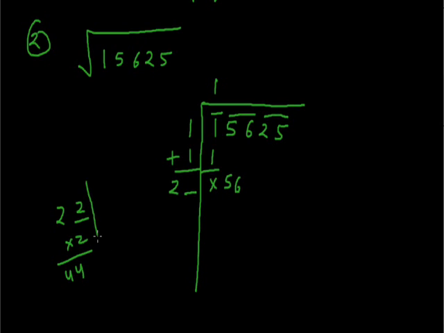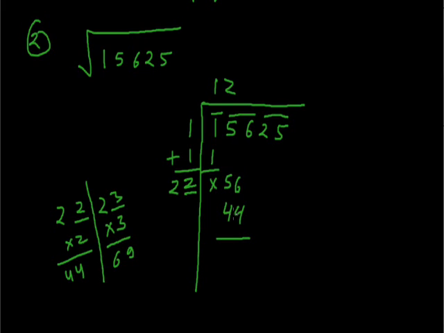Let's say instead of 2, if I put here 3 and multiply it by 3, I get 69 into 3, which is greater than 56, but I have to put a number which gives a result just less than or equal to 56. So I have to put 2 here and 2 here, so the result is 44.